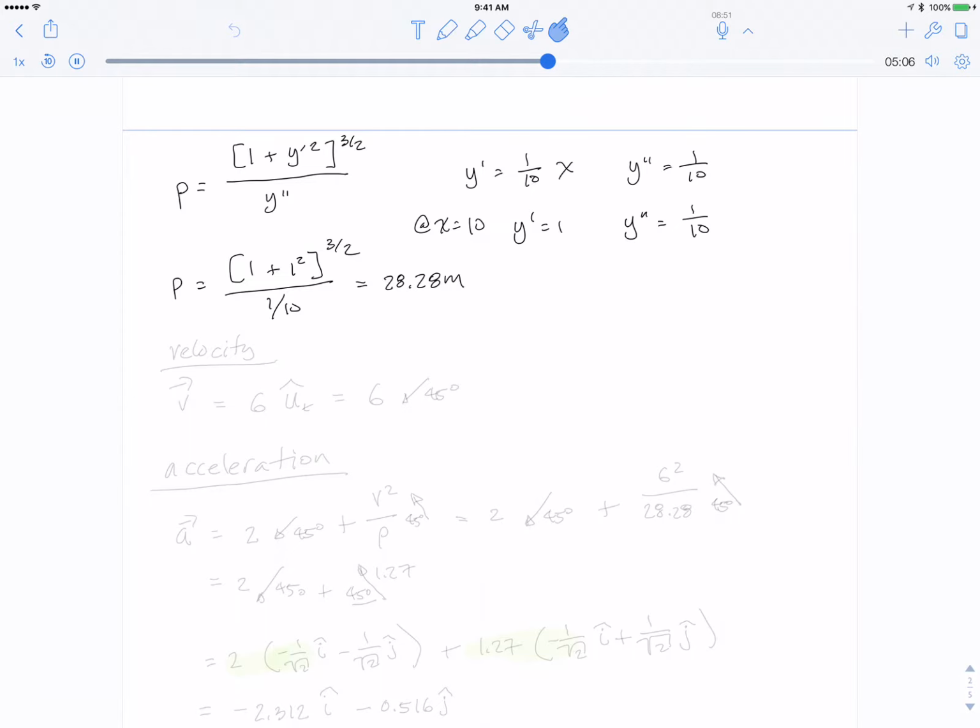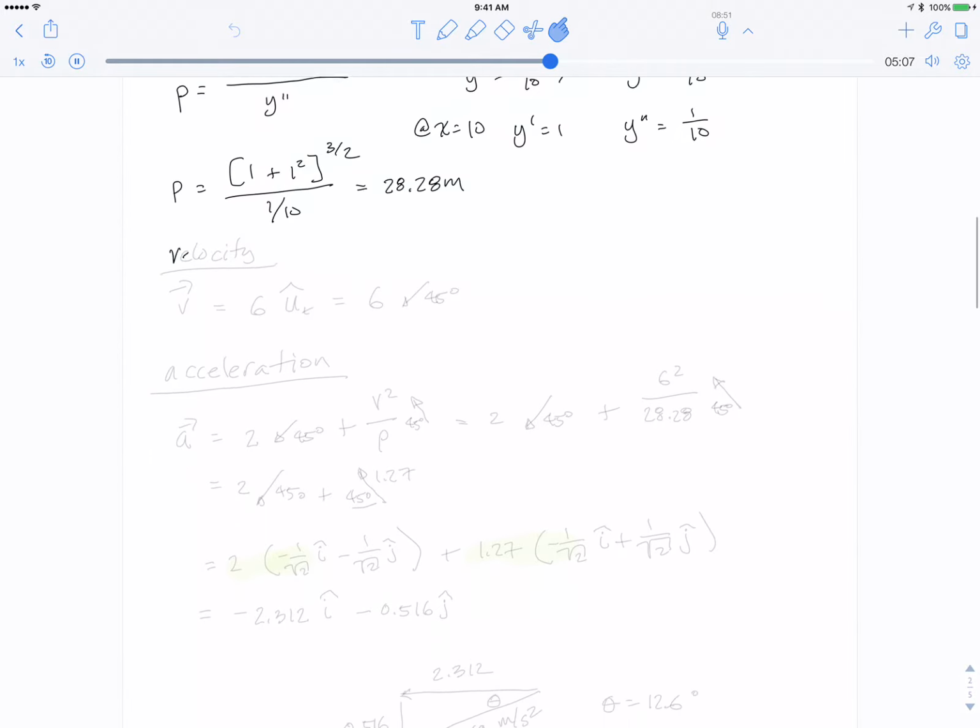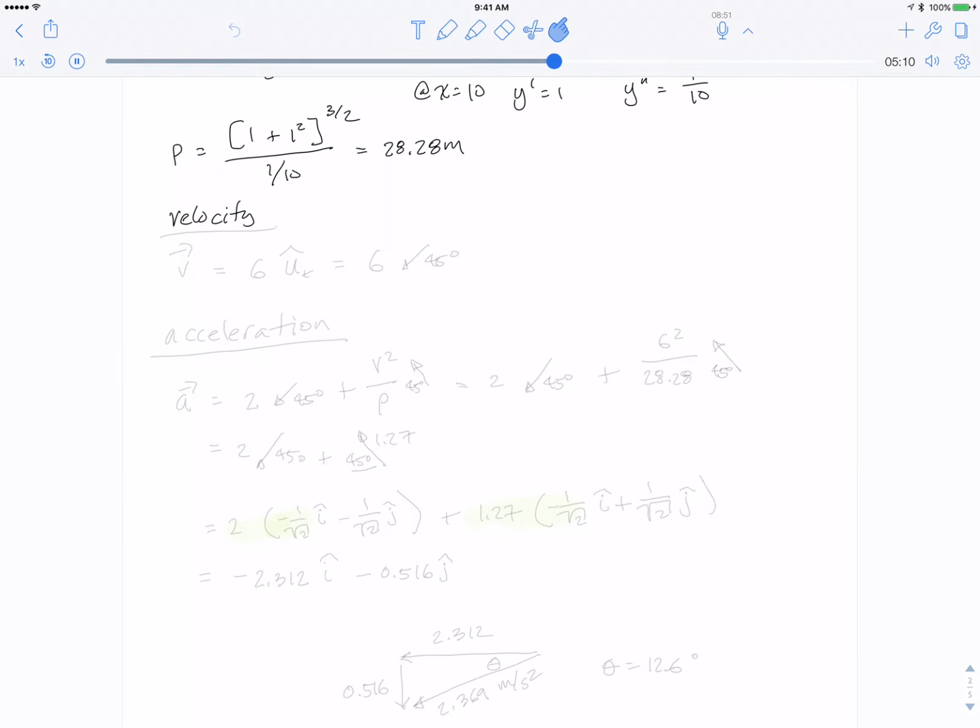And so we're ready to go. And so let's plug everything in. Let's do the velocity first. So the velocity is 6 times the tangent vector. So it's 6 going down at 45 degrees. Okay?